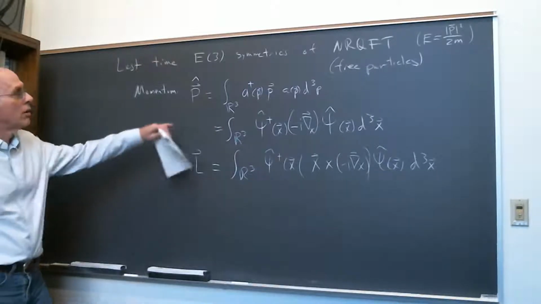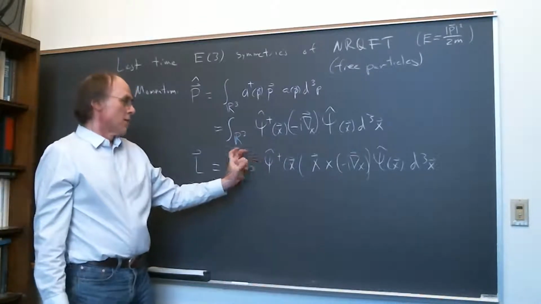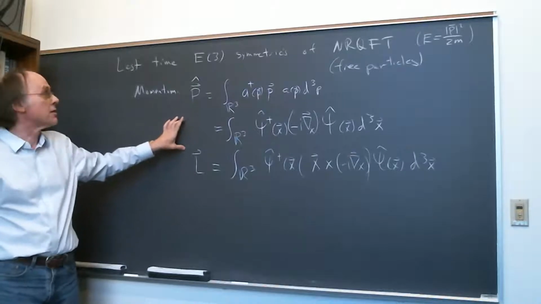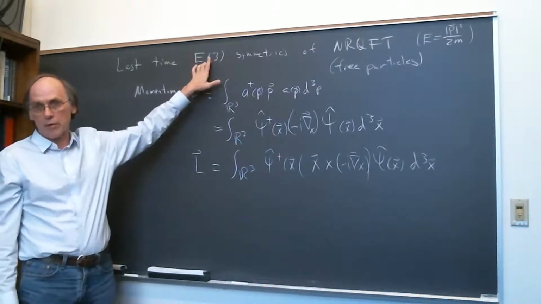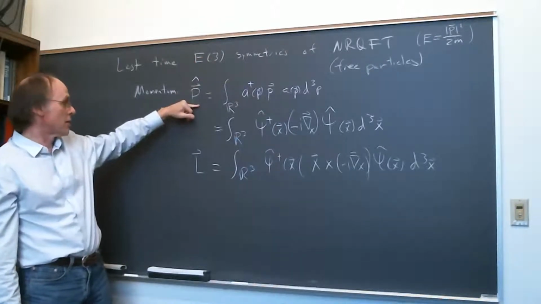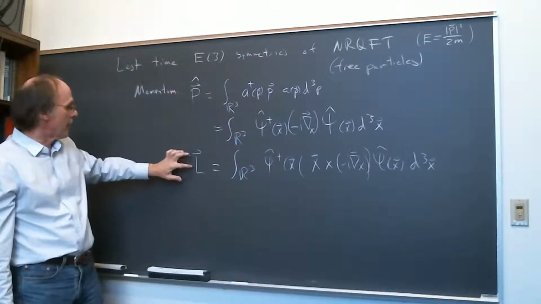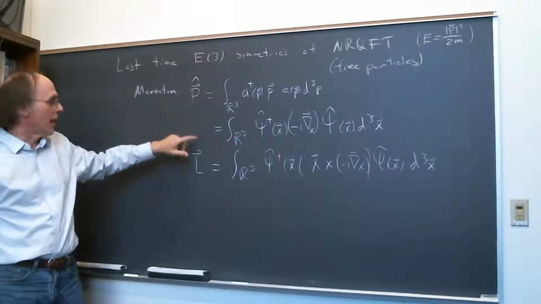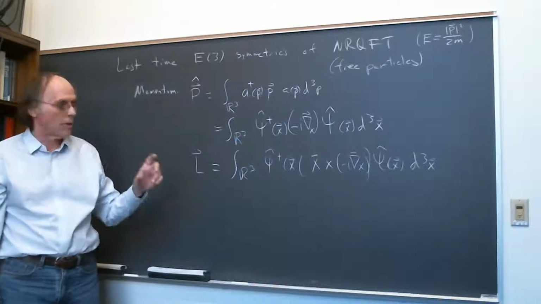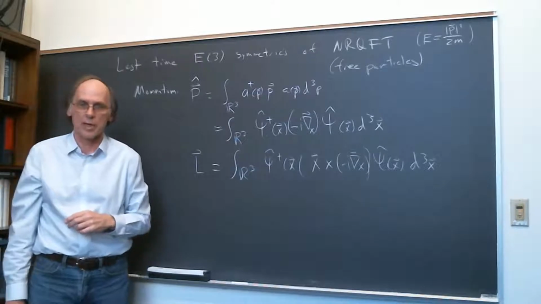Okay, so this was the story I was trying to tell you about last time, and what you should be able to show is that these satisfy the commutation relations of the algebra of the Euclidean group. The momenta commute with each other. The commutation relations of momentum and angular momentum are what you get by infinitesimally rotating vectors, and the different components of the angular momentum don't commute with each other, but they satisfy the SO(3) commutation relations.